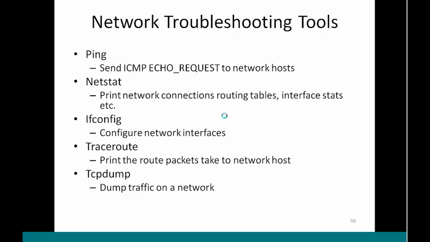There are good examples. If you do a man on ifconfig, you should be able to get a lot of good information about this. Traceroute is a command to print the route that packets are taking to the network host.